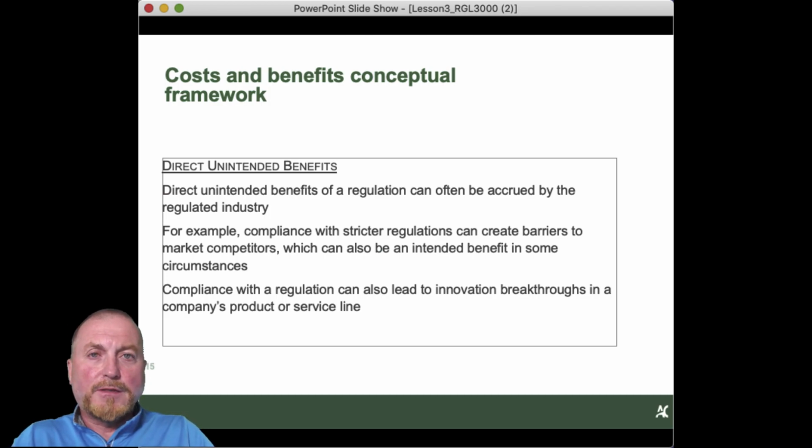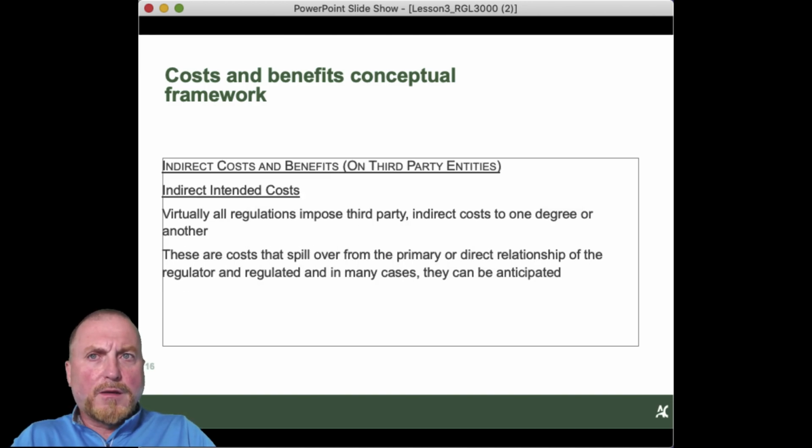There are lots of benefits from applying a regulation that are in addition to the benefits from having industry comply with the regulation directly. Plus, with industry, some studies have shown when stricter regulations are brought in, they actually become more competitive, and they become greater in terms of making technological breakthroughs and improving product and service lines. So, direct unintended benefits also need to be thought of, okay?